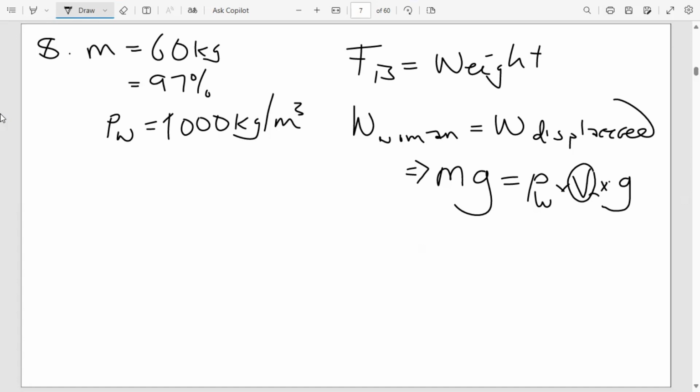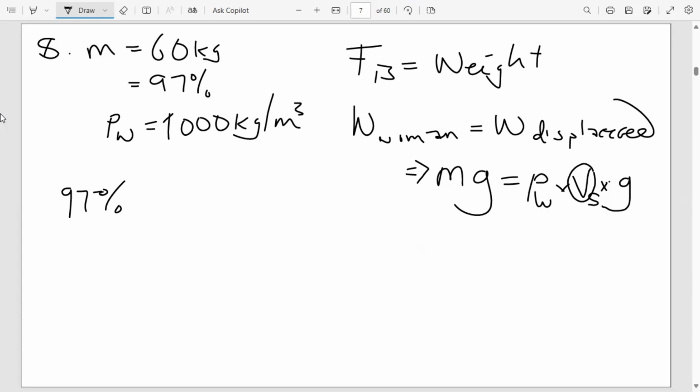So this is the V here. I'll represent it as Vs to just show that it's the volume of water that is getting displaced. And they've given us a percentage of her body that is actually submerged. She's floating, but 97% of her body is submerged. So of the total volume of the woman, 97% is the volume that is displacing the water.